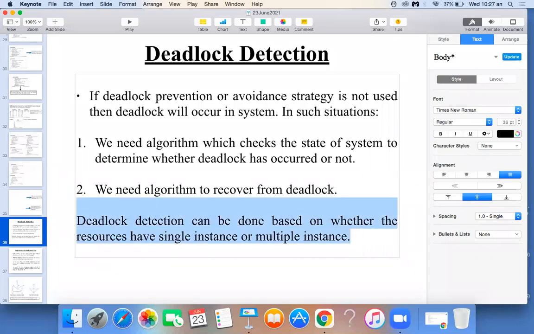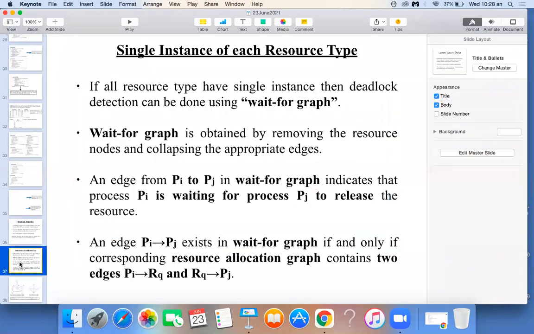The highlighted point: deadlock detection is done based on two things, either a resource has single instances or a resource has multiple instances. We will see that one. If a resource has single instances, then how can the deadlock be detected?